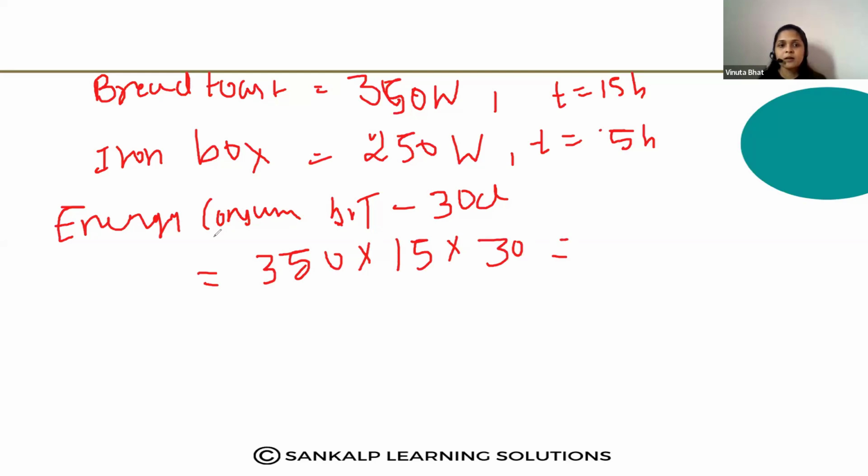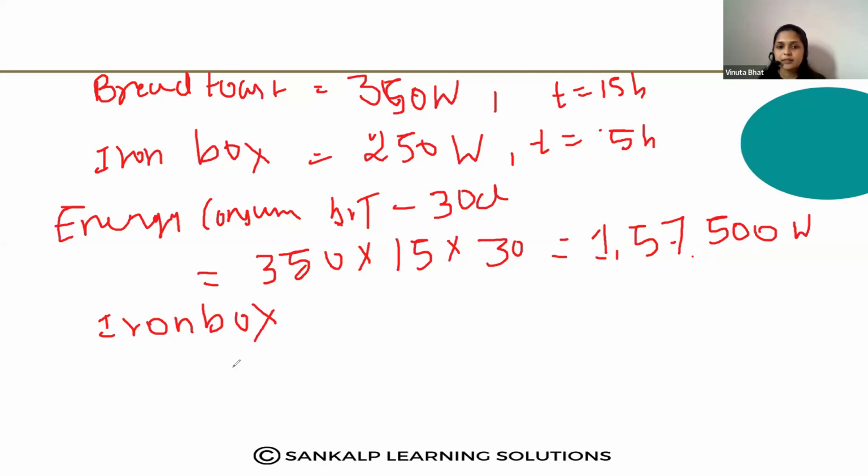So what is the energy consumed by the bread toaster? That is 350 into 15 into 30, which is equal to 1,57,500 watt hours.